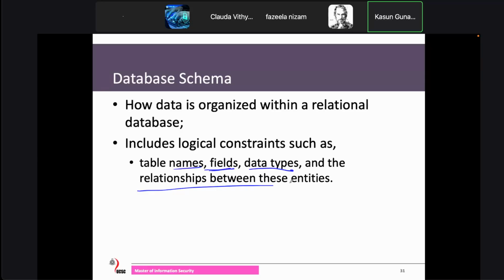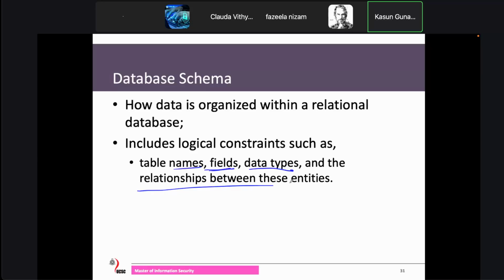From one instance to another, the contained data might be different, and that's why we call it a database instance. It has a temporal aspect, referring to the data at a given point.